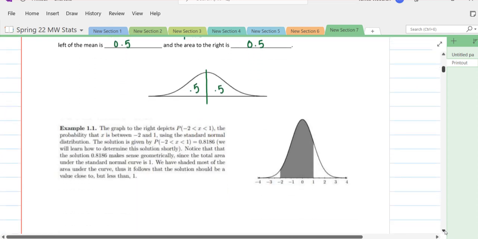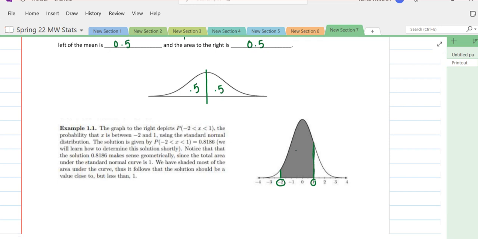Now in example 1.1, let's just read this here. If you look at this graph, let's first look at the shaded area. The shaded area is shaded from -2 to 1. If I just look at this and guess what the area is, I know that's got to be more than 50% because it looks like it's covering more than 50%, so I'm thinking maybe like 75%.